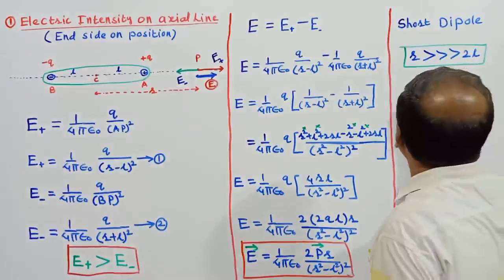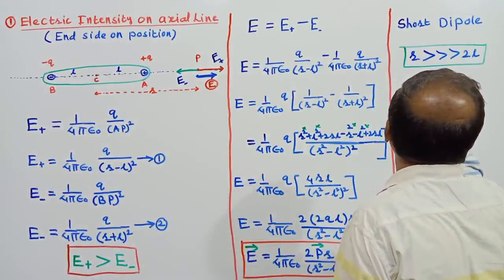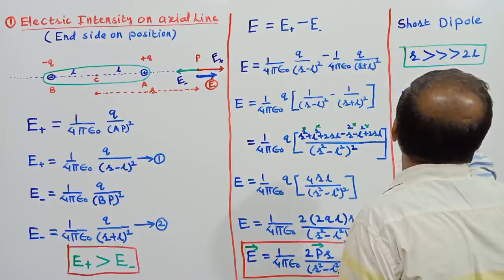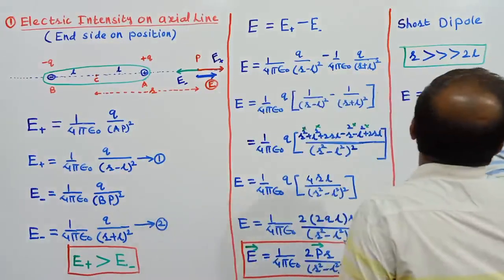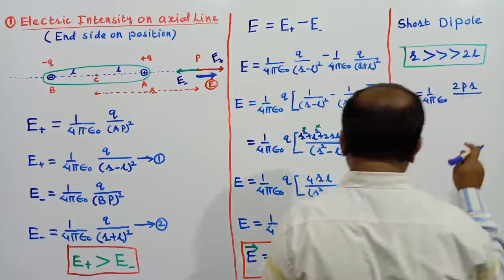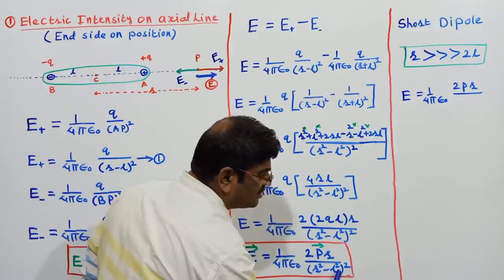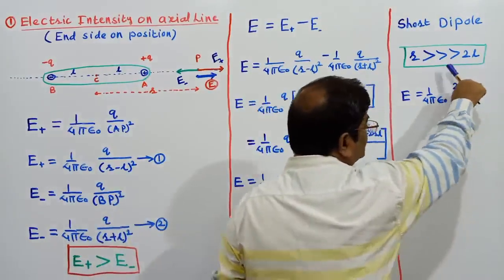So I get, in case of short dipole, E equal to 1 upon 4 pi epsilon 0, 2pr divided by r square minus l square I have here. l I am neglecting because of this reason.